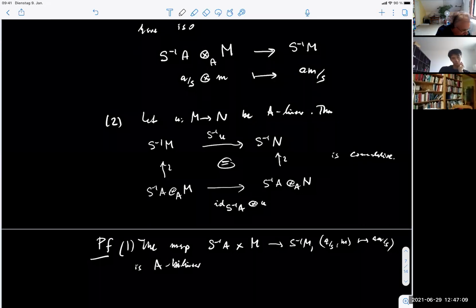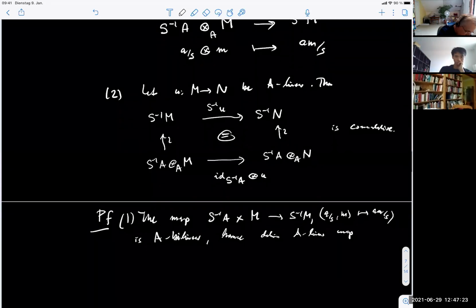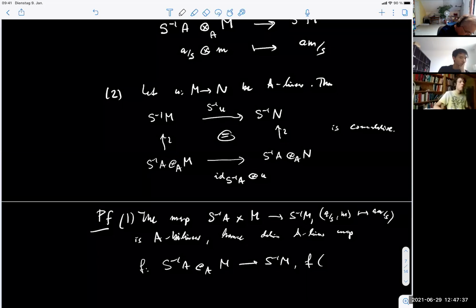This bilinear map therefore defines, by the universal property of tensor product, a linear map. And this is the map that I need. If we call it f, then f of a over s tensor m will be am over s.